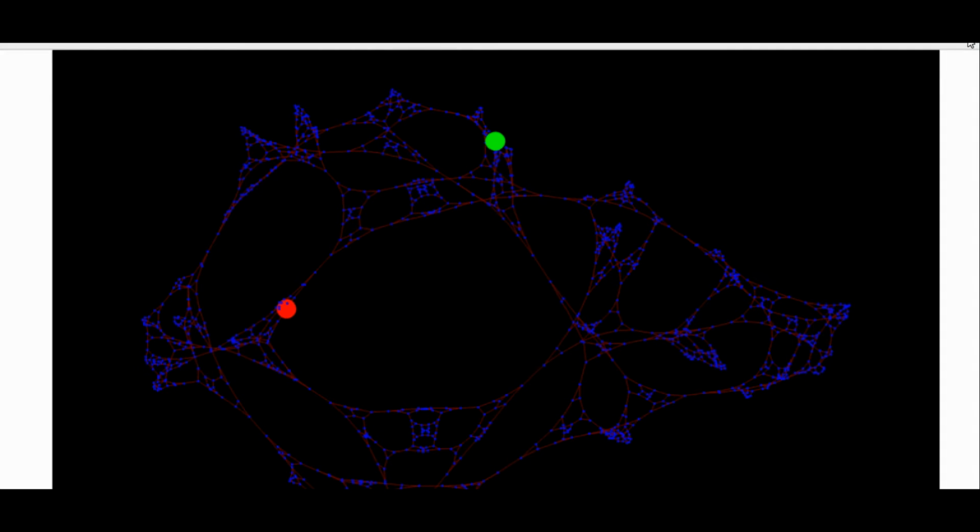And so we ask, if we take two vertices which are quite far away from each other, like this green dot here and this red dot, which happen to have a distance of 29 between them, which obviously means this isn't a small world network.